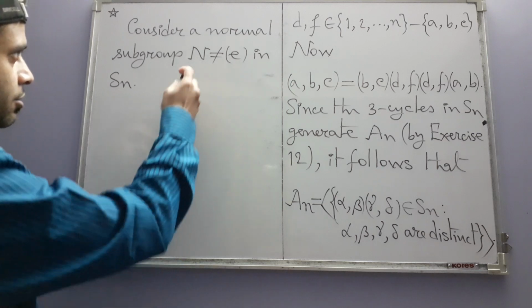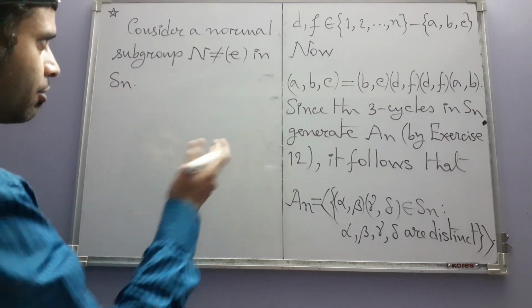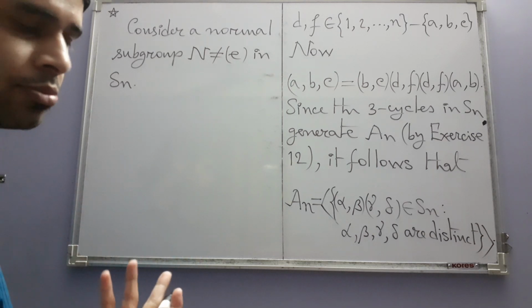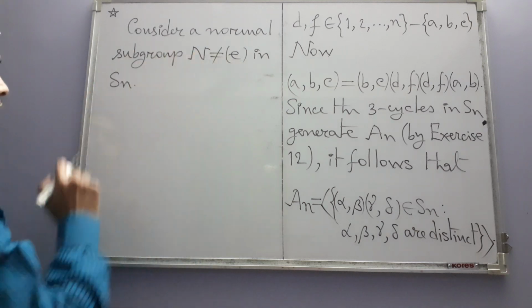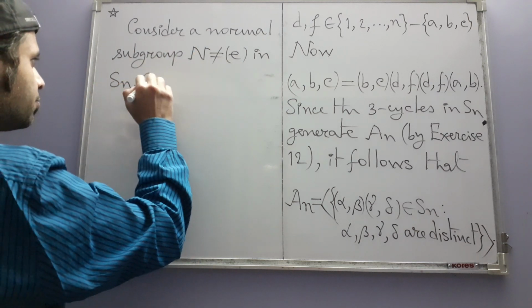Now because N is non-trivial, there will be a non-identity permutation, some element in N which is different from the identity element.